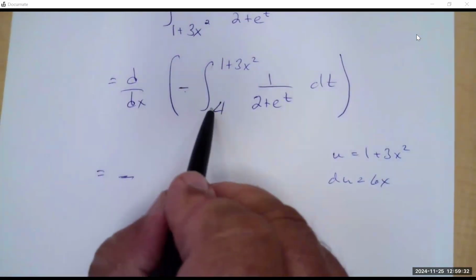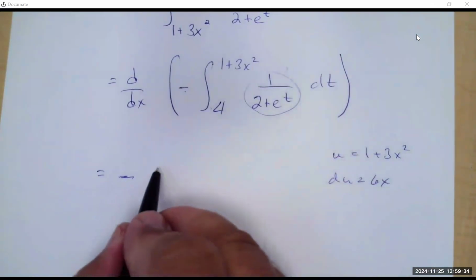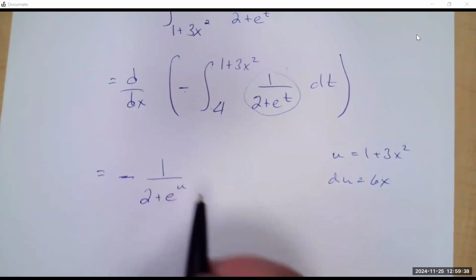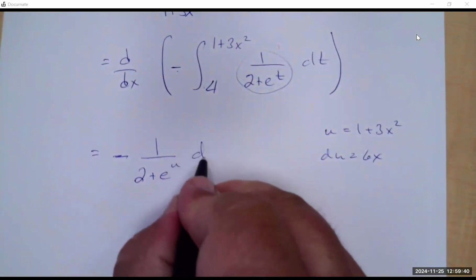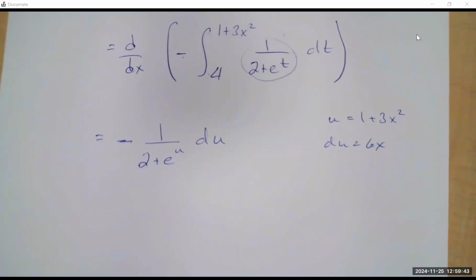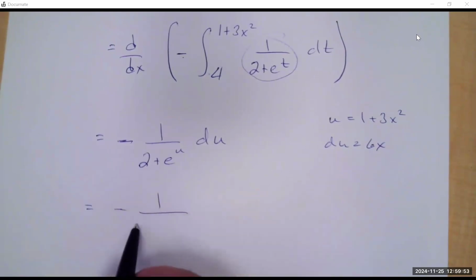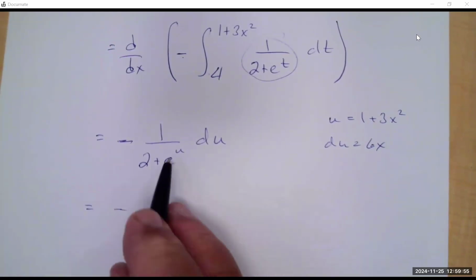The derivative of the integral is just this, 1 over 2 plus e to the u, du. So this becomes negative 1 over 2 plus e to the u. What is u?